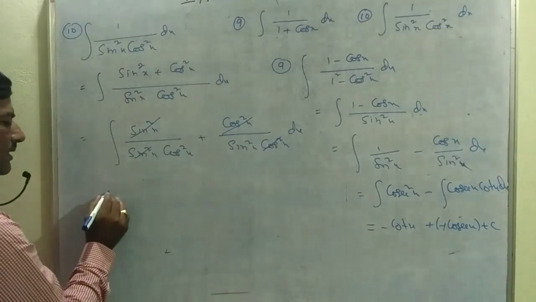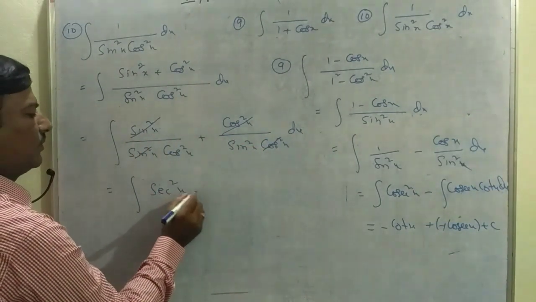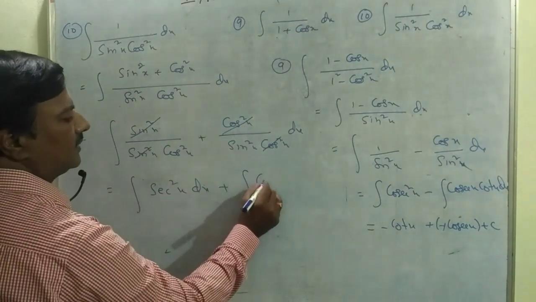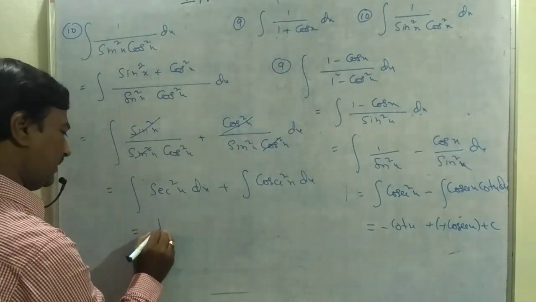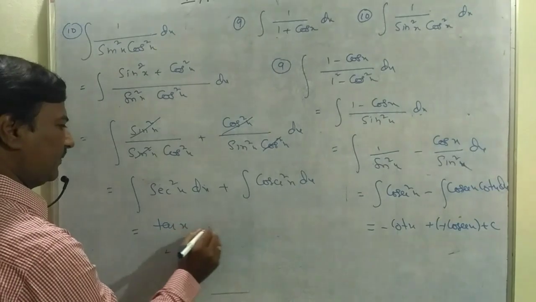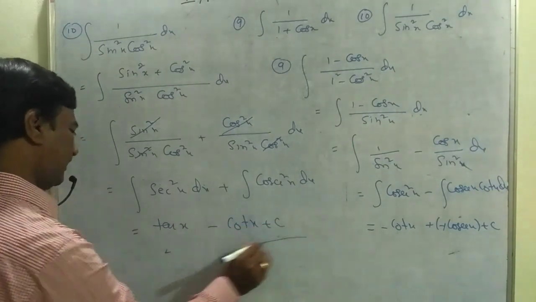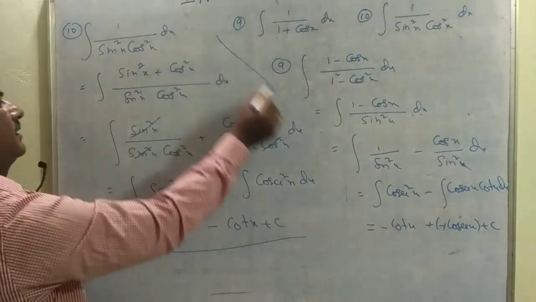Cos square gets cancelled. 1 by cos square becomes secant square of x dx, and this is cosecant square of x dx. Secant square integration is tan x, cosecant square integration is minus cot x, plus c. This is the final result of the 10th question.